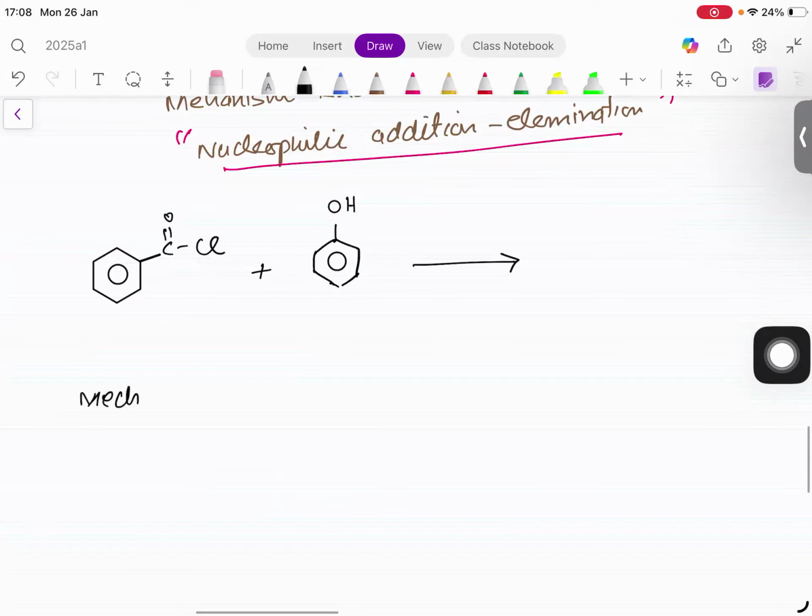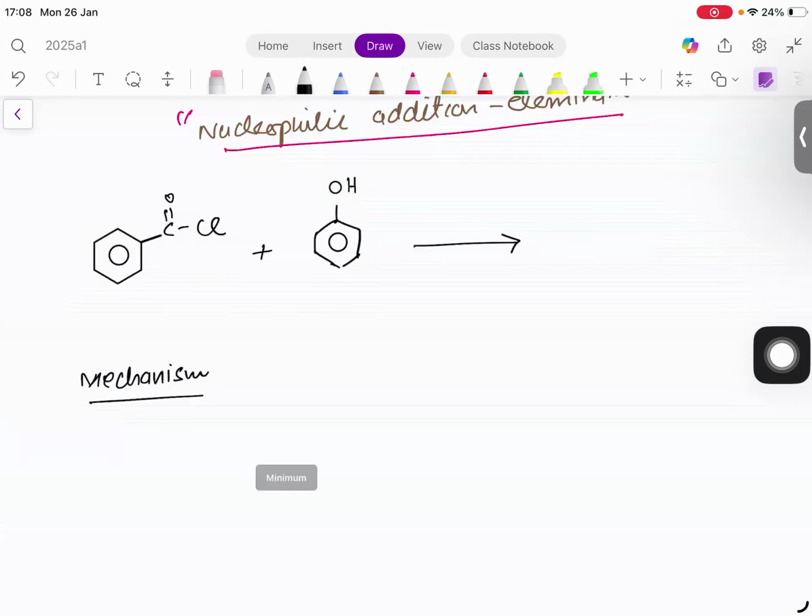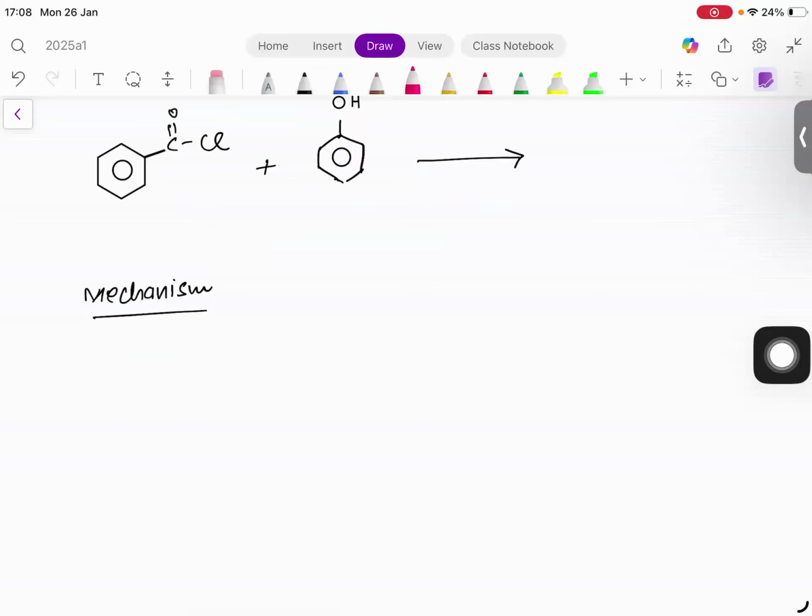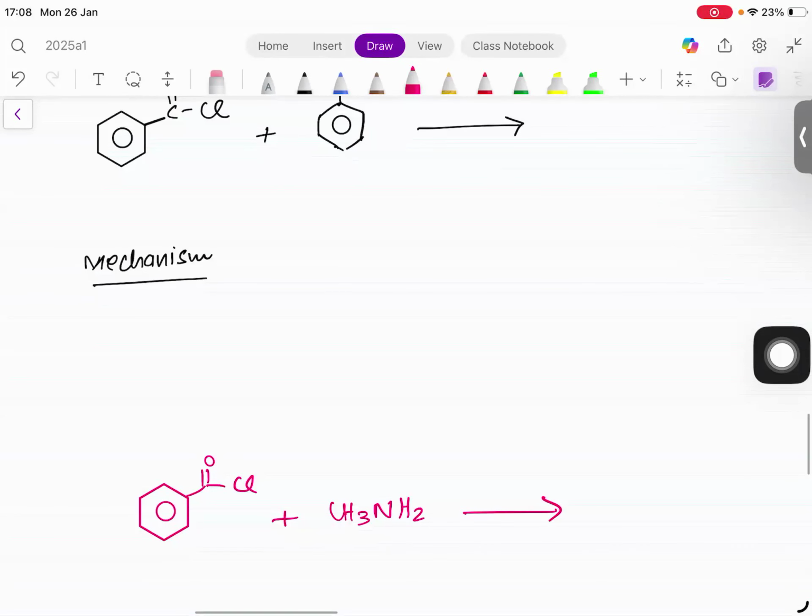What's the name of the reaction? This has no name, it's the reaction with phenol. And then benzoyl chloride with CH3NH2 and the mechanism.